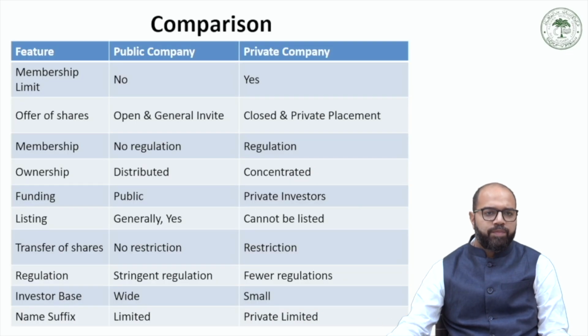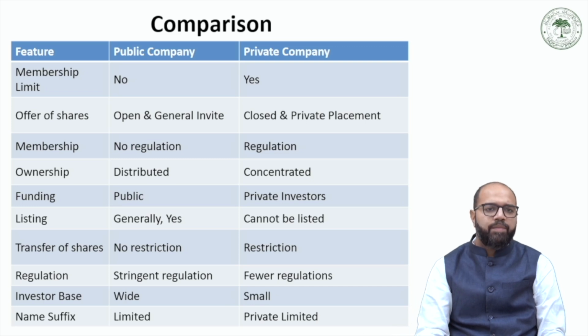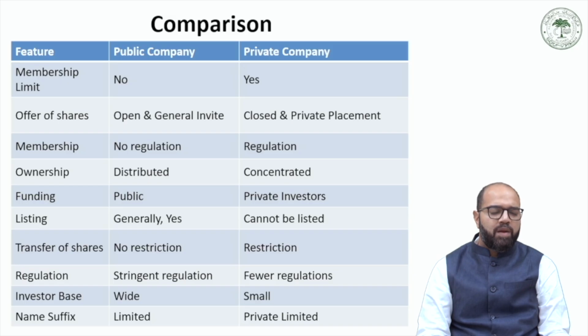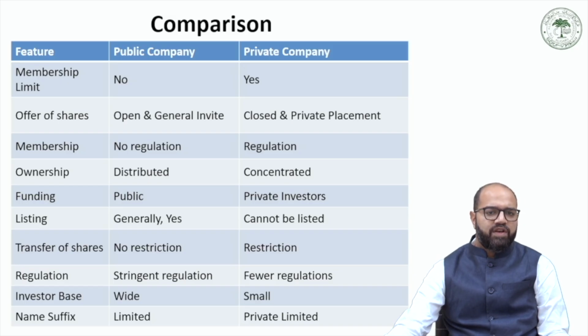Move on to a comparison between a public company and a private company. Now, there are many features on which a public company may be differentiated from a private company.